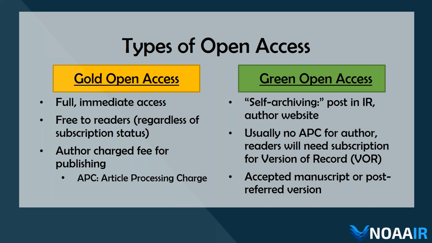If you've published something gold open access, you don't need that subscription to access, read, and download that article. Typically, though, with gold open access, the author is charged a fee to publish at that level. This is usually called an APC, or article processing charge, and we can talk a little more about that in a few minutes.